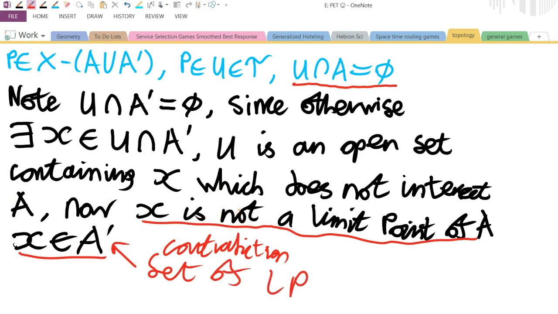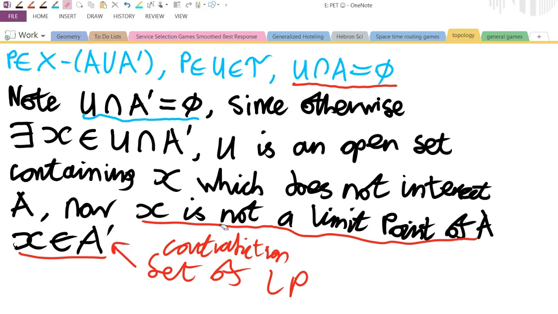Okay, so if the intersection of U and A dash is not empty, then we get one of these points X which is not a limit point of A, which gives us a contradiction. So in fact, it must be the case that U intersection A dash must be empty.